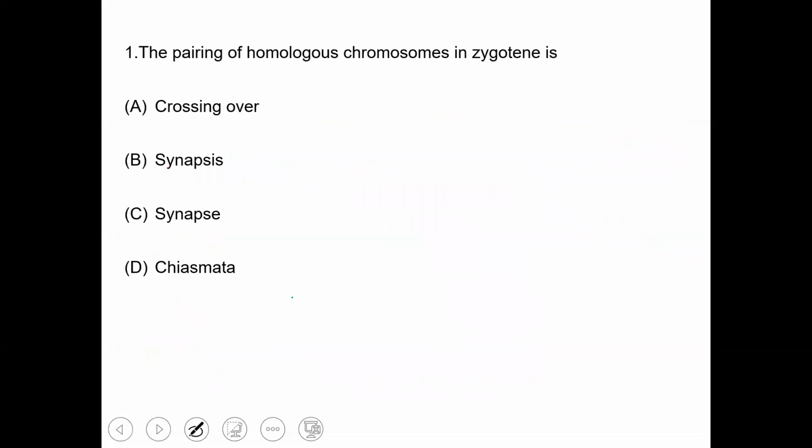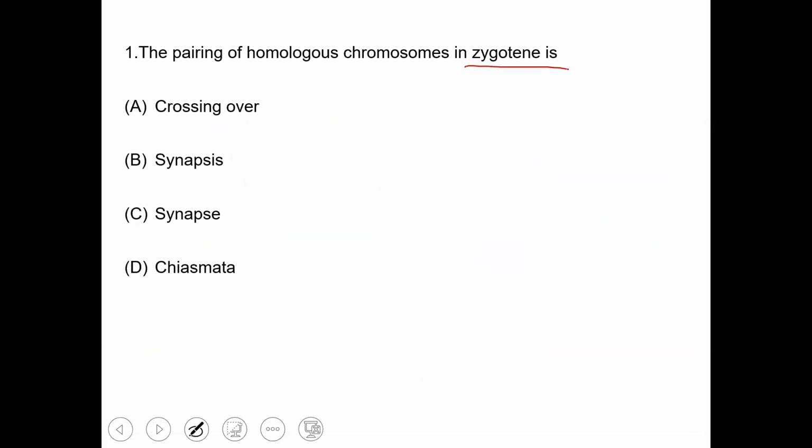Let us solve some questions. The pairing of homologous chromosomes in zygotene is called what? It's not called crossing over. Crossing over is nothing but genetic recombination.